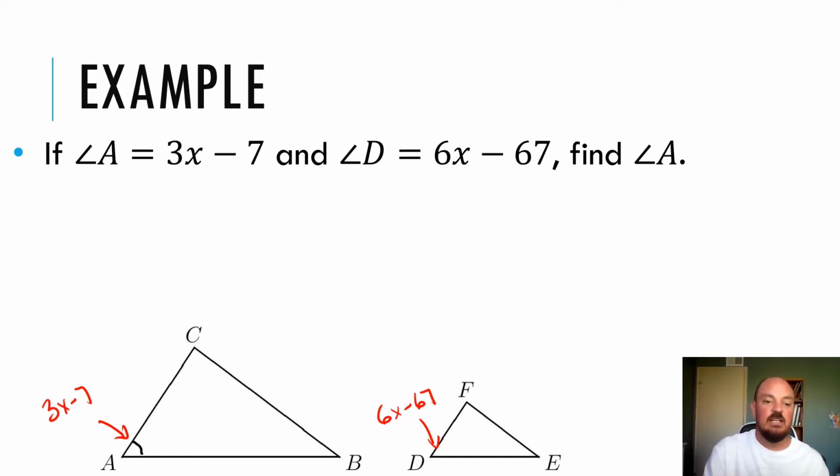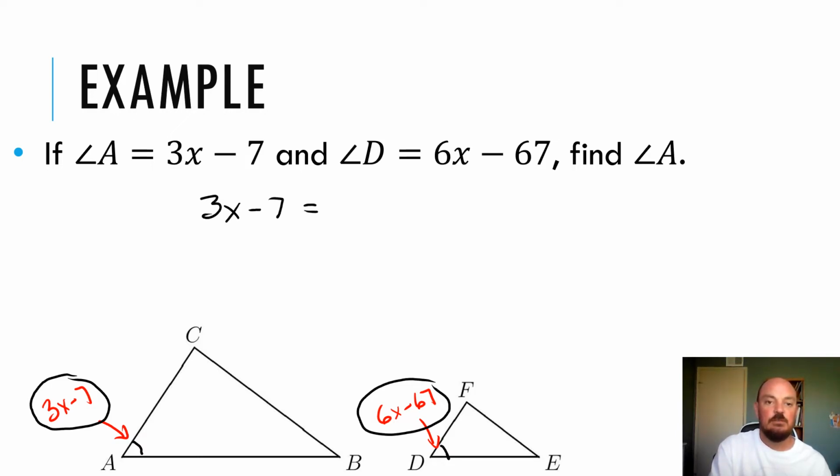So once I realize that angle A and angle D are congruent, that means these two things here are equal. So my equation is going to be 3x minus 7 equals 6x minus 67, and that's the one I'm going to solve for x. I have x's on both sides. Let's get rid of the smaller one. I'm going to do a minus 3x on each side.